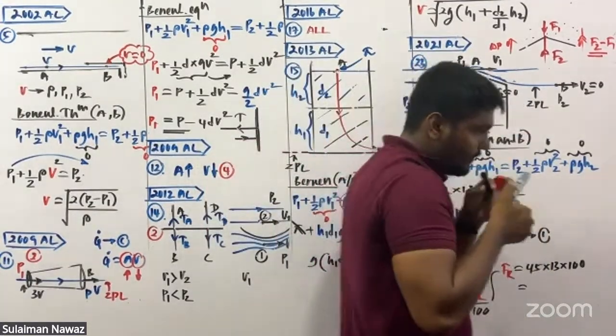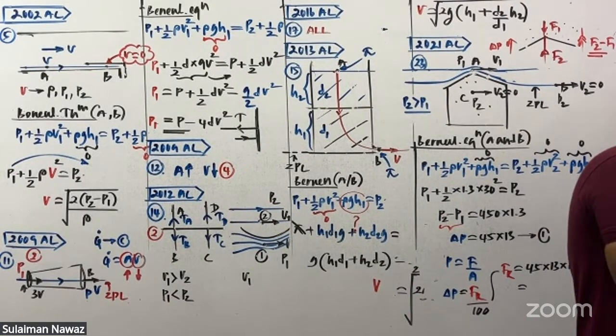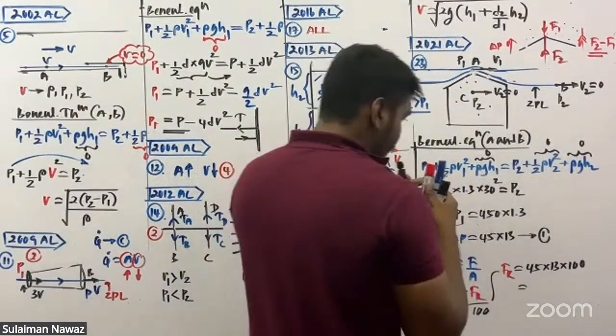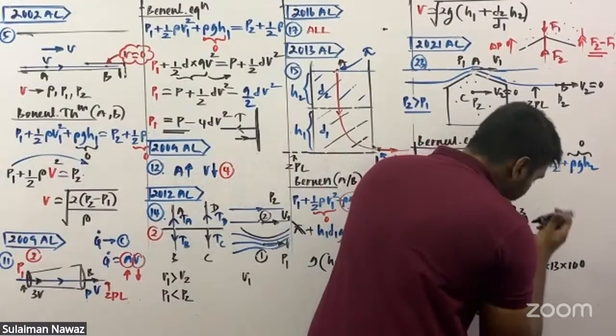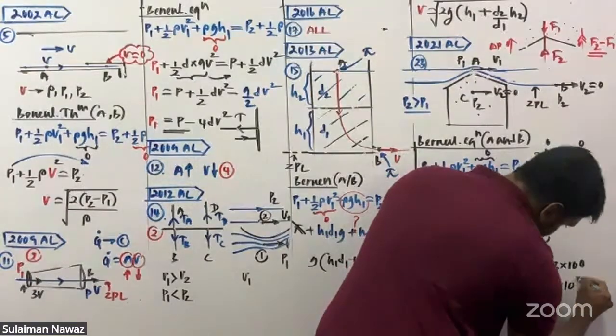Someone tell me, if we simplify, what should be the answer? Second one. The answer will be 5.85 into 10 to the power 4 Newton.